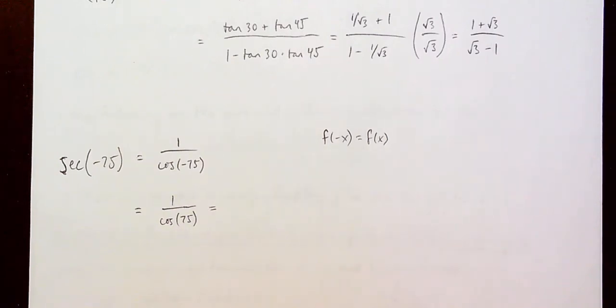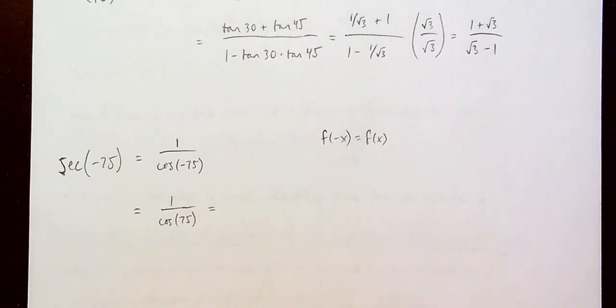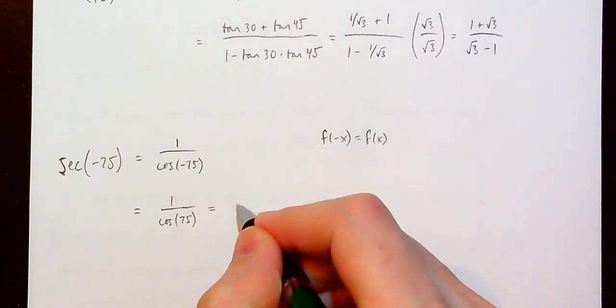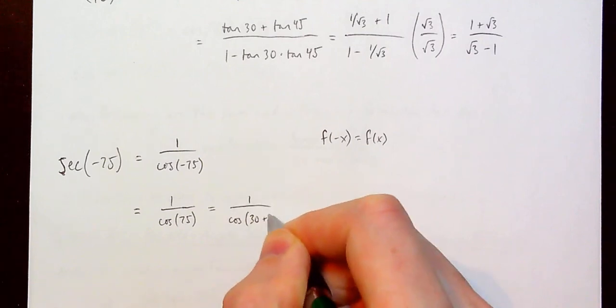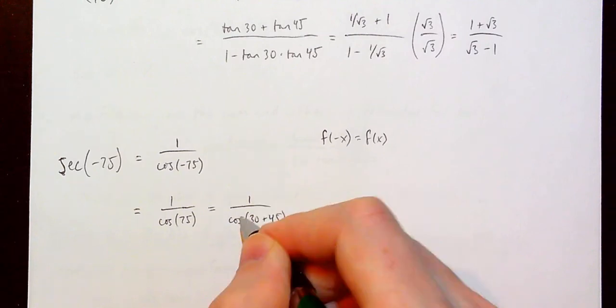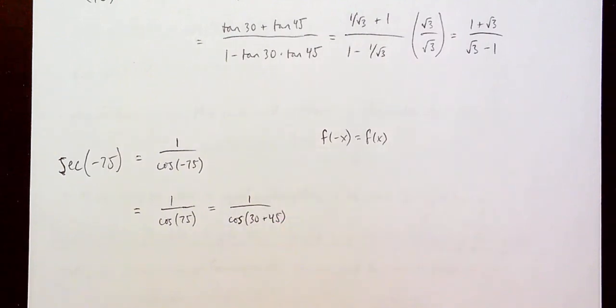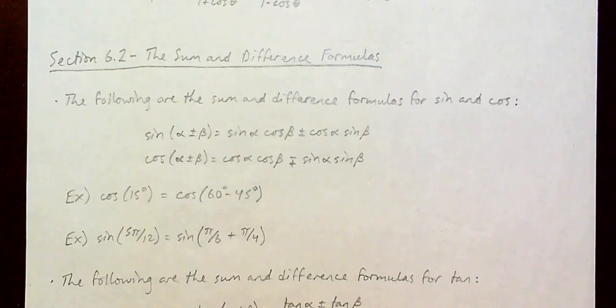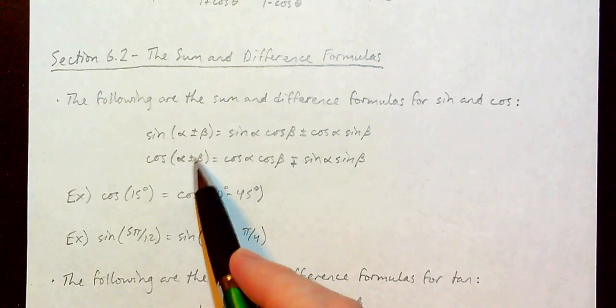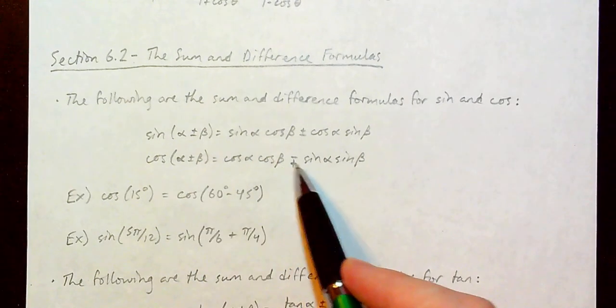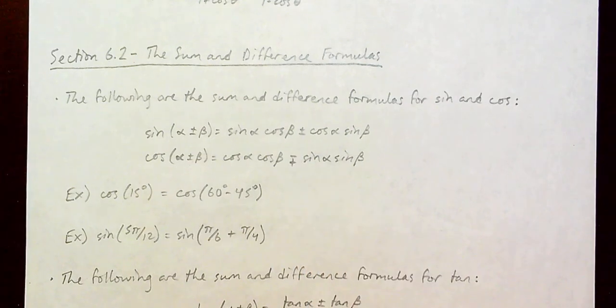It's not going to take much now to figure out what two angles we can combine to get 75. That's going to be 30 and 45, and big shocker, we're going to add them. So let's use the sum formula for cosine. Here we're using the plus, which is the top symbol on the left, so we're going to use the top symbol on the right, which is actually a minus now.